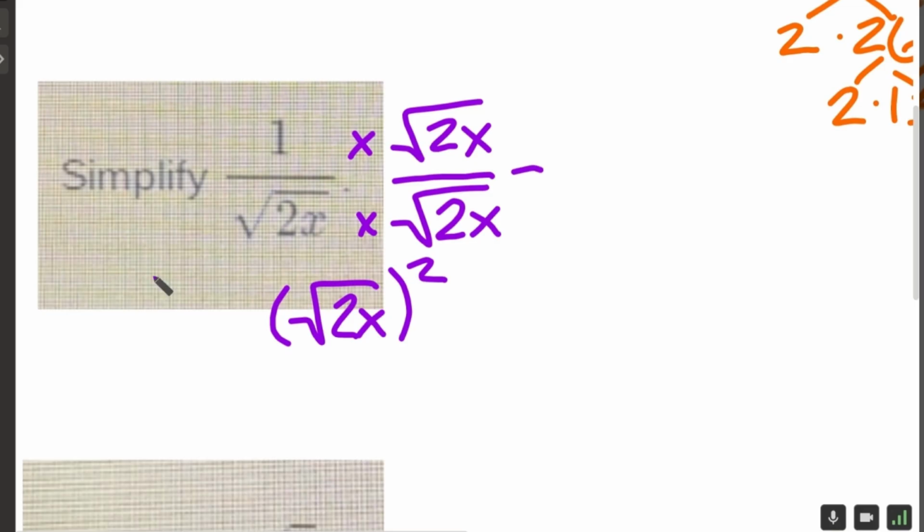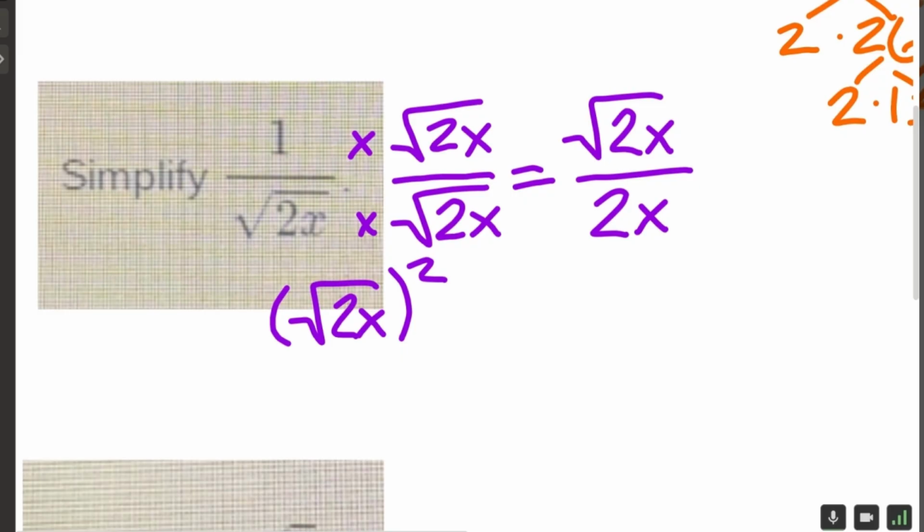It's just whatever's under the radical. If we square a radical, or if it's a cubic, we cube a cubic root, whatever is underneath the cubic root, that's what it is. In this case, we have a square because it's square root, so that just becomes 2x. What about the top? Well, it's just 1 times square root of 2x.